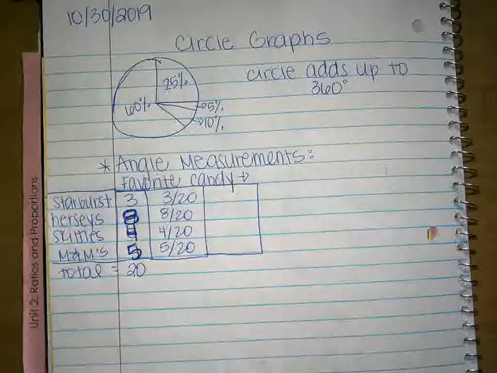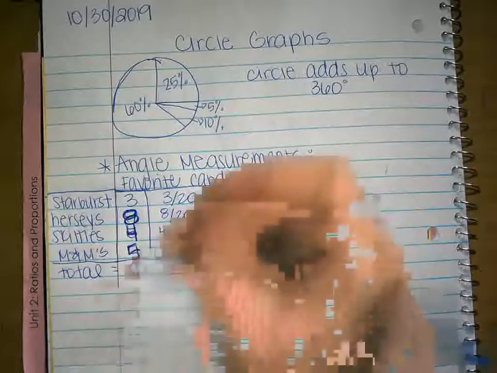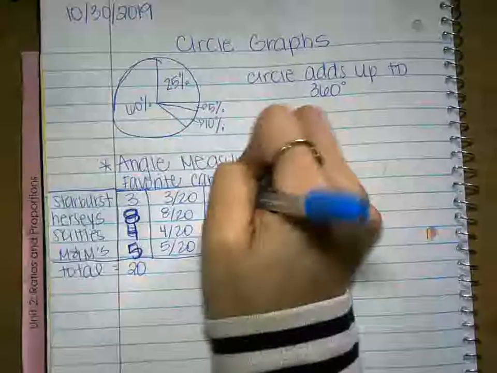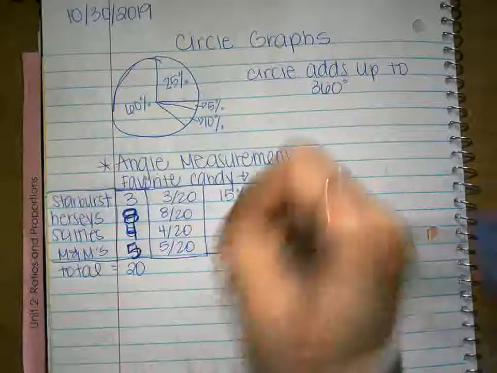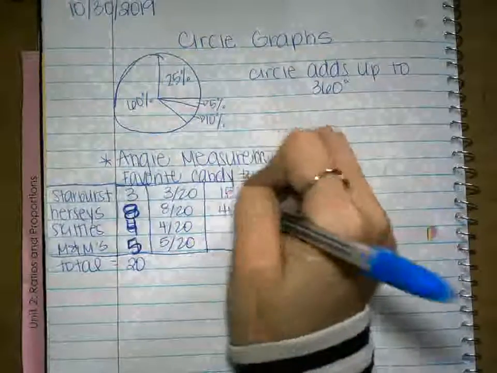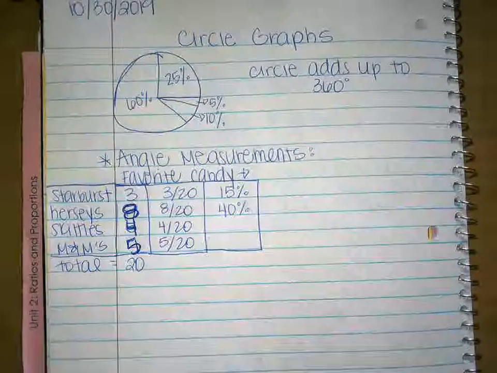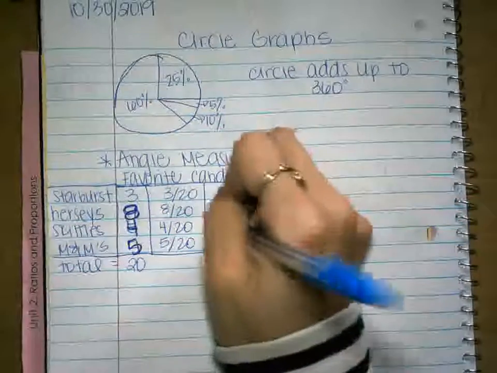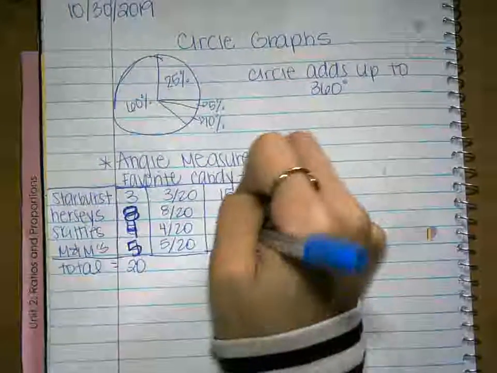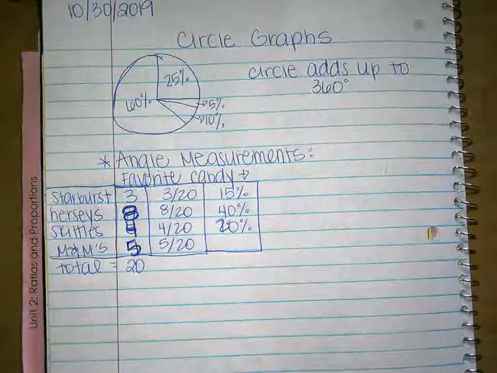Okay, so 3/20 as a percent is what? 15%. 8/20 is what? 4/20 is? 5/20 is?